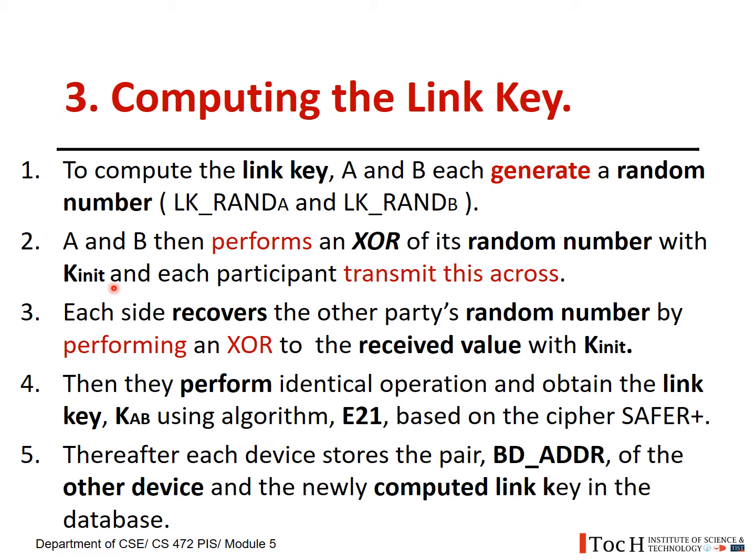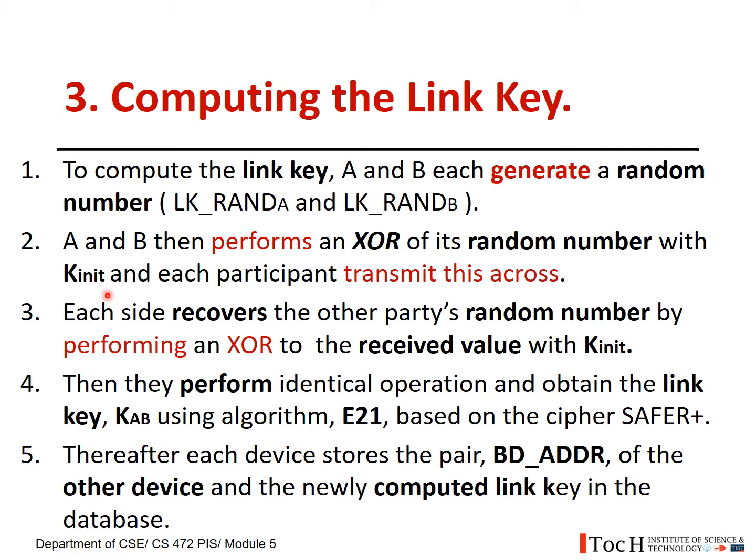After generating this random number, both parties perform an XOR operation, and the inputs to this XOR operation are the random number which has been generated and K-init, the initialization key, which is computed already.